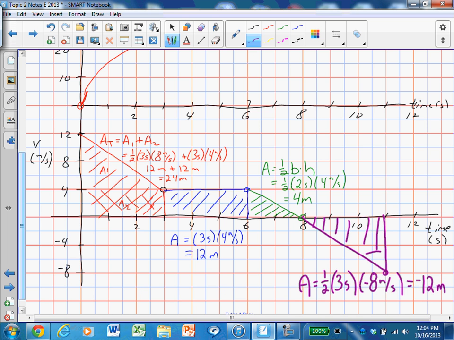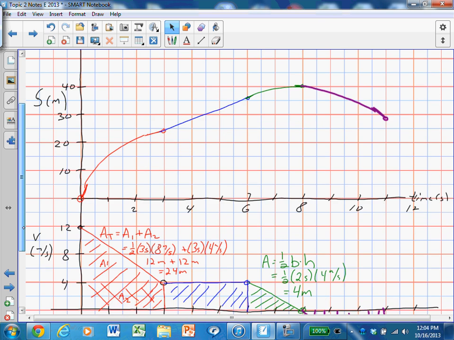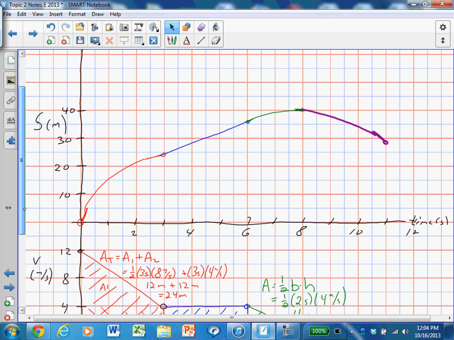The slope's like -8, and it looks like that. So that's getting to displacement, going to the position graph from the velocity. We take areas, right?